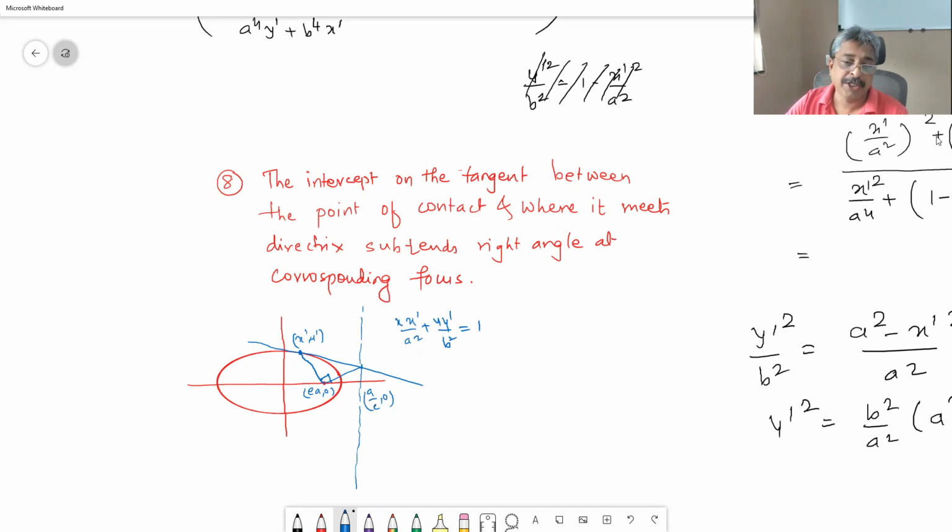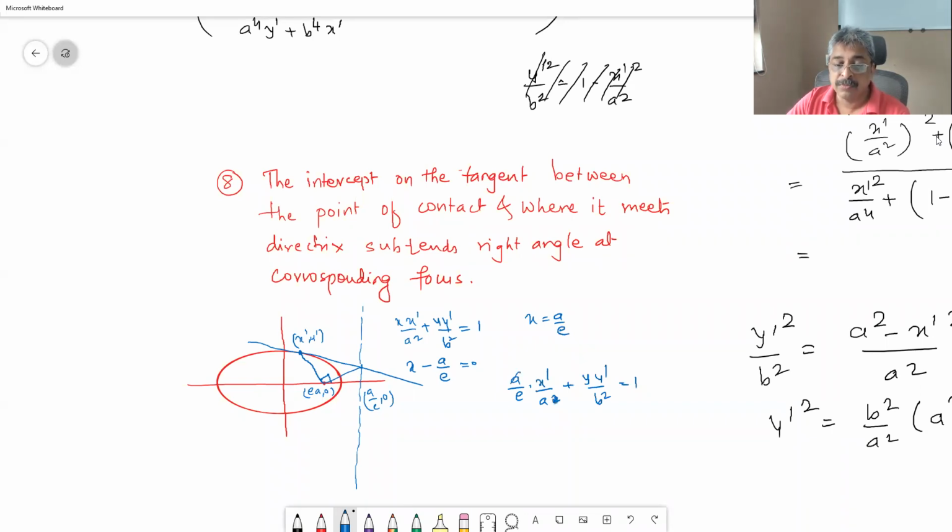The equation of directrix is x minus a upon e is equal to 0. So x is equal to a upon e. Therefore, the point is x is equal to a upon e and for y we should substitute a upon e into x dash upon a square plus y dash upon b square is equal to 1.